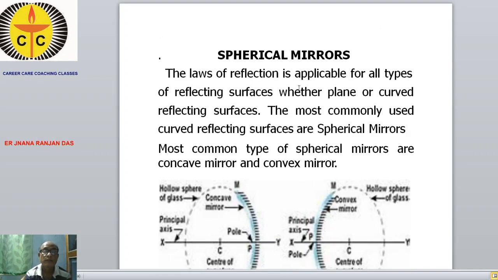So this is P and this is C. If a straight line is imagined through these two points, the pole of the mirror and the center of curvature, this is called the principal axis.